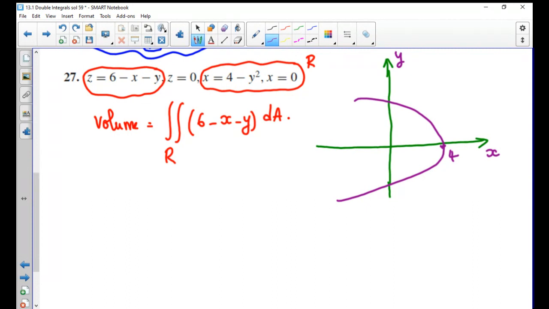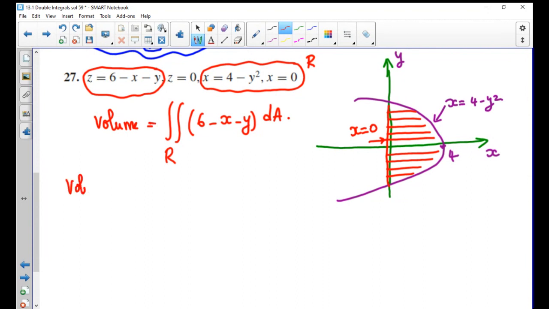So it's a parabola like this, 4 minus y squared. And x equals 0 is the y-axis. So the region R is here.